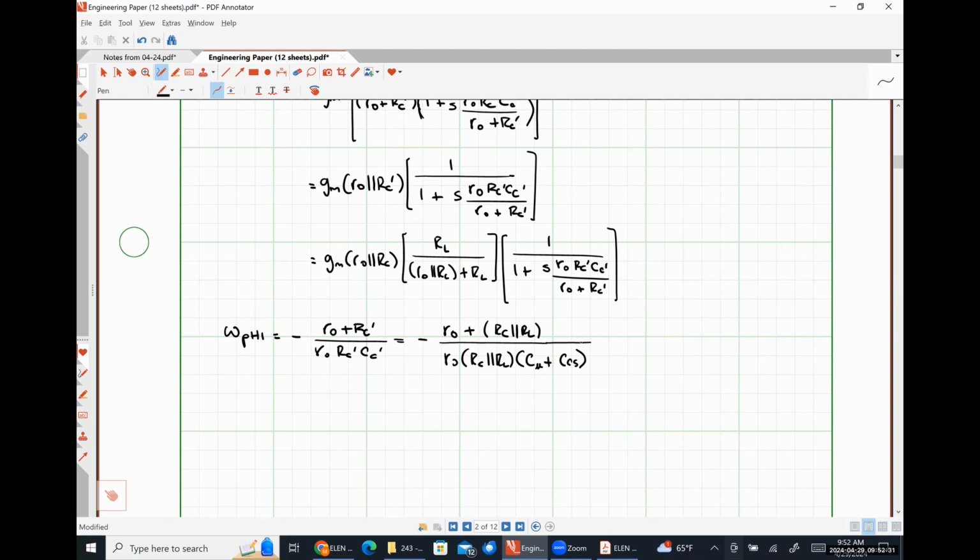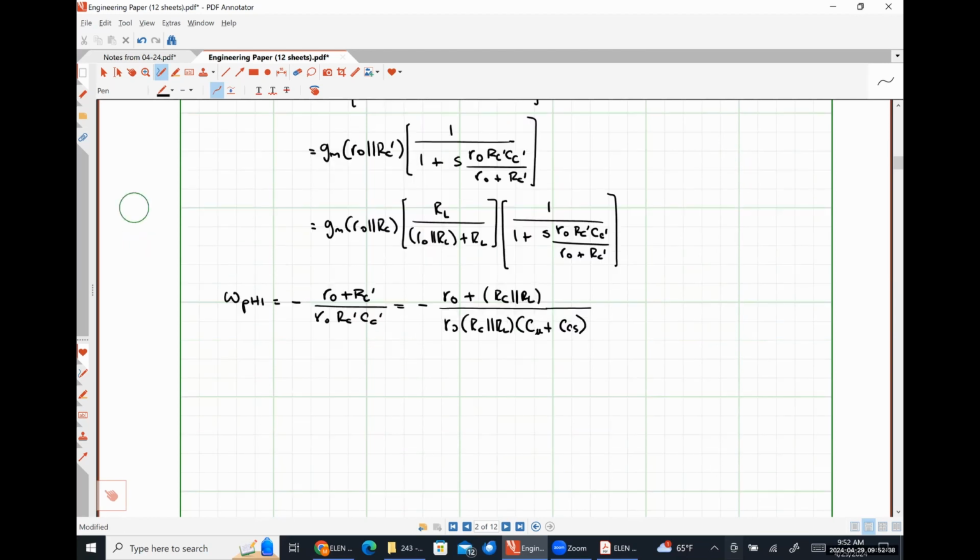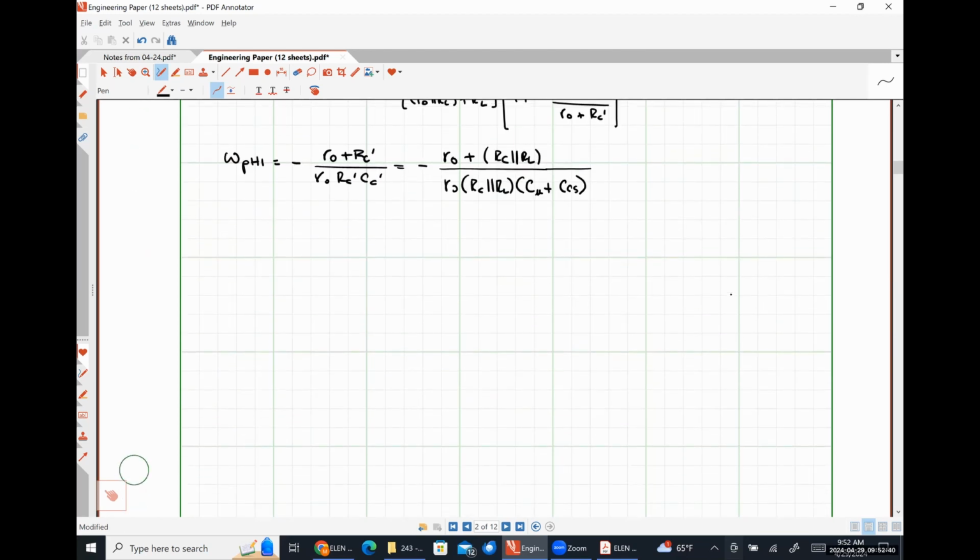So now we can manipulate the input portion of our system's transfer function. So that's the Z pi in parallel with 1 over gm divided by R sig plus Z pi in parallel with 1 over gm.